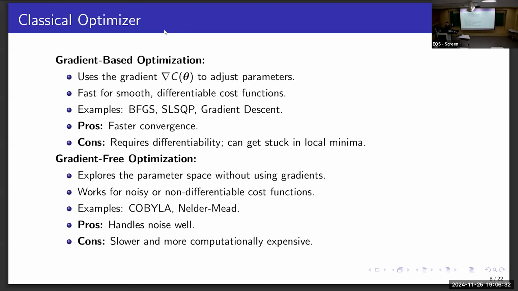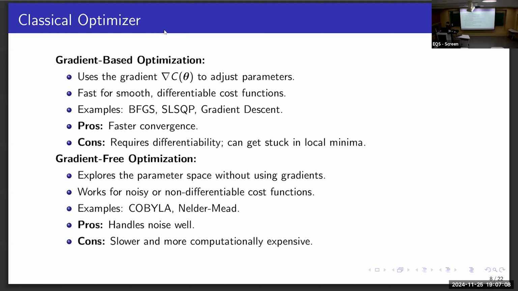Then we move to the classical optimizer. We can categorize optimizers into two types. The first is gradient-based. It uses the gradient of the cost function to adjust parameters. It is very fast for smooth, differentiable cost functions. So we can differentiate and find maybe the local minima, but we need to find the global one.